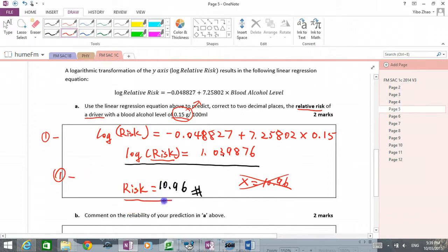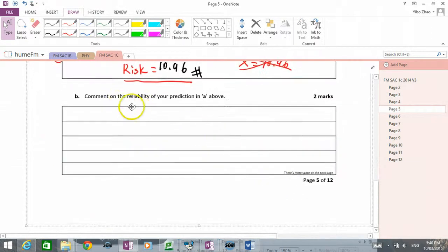The risk is 10.96, not x. Okay? Now, let's go on to the next question.